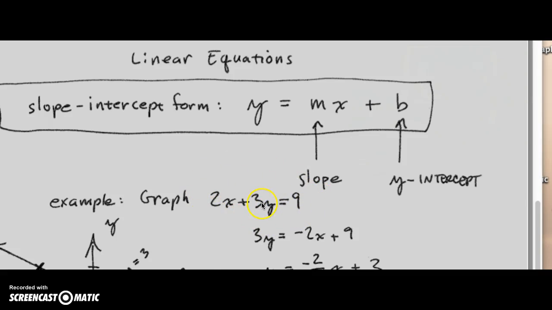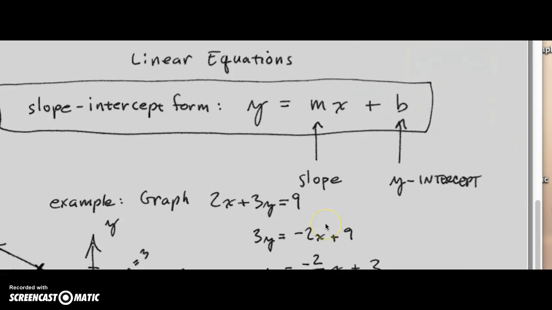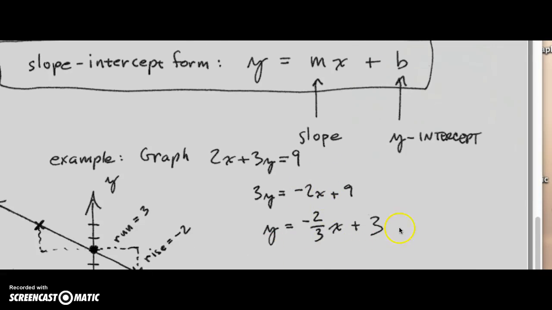If we solve for y in this equation by subtracting 2x from both sides and then dividing by 3, we can get the equation into slope-intercept form. So this is in the mx plus b form, where m, negative 2/3, tells us the slope, and b, this plus 3, tells us that the y-intercept will be 3.